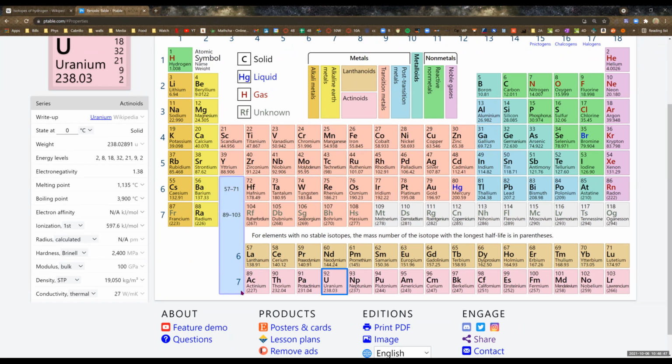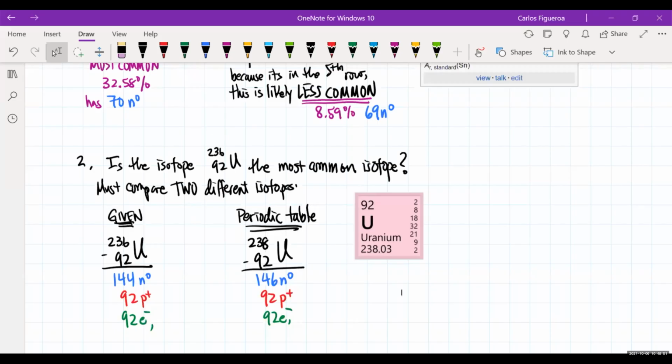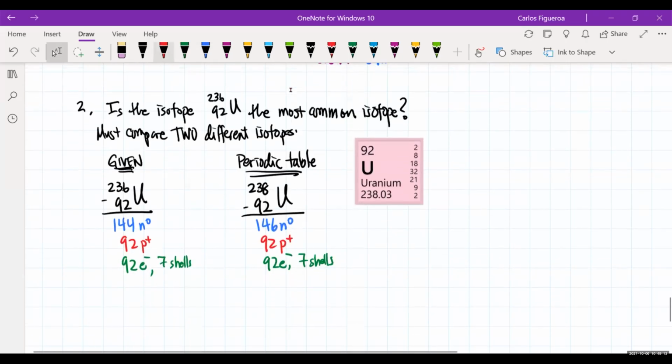Okay, so now we know. When I come back up here, I now know that this has 7 shells.